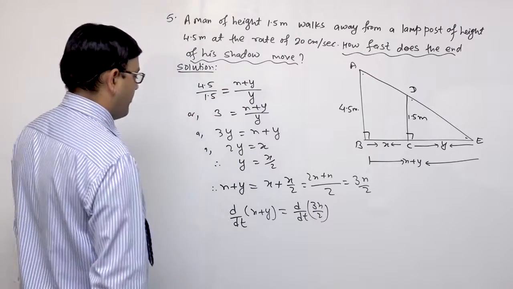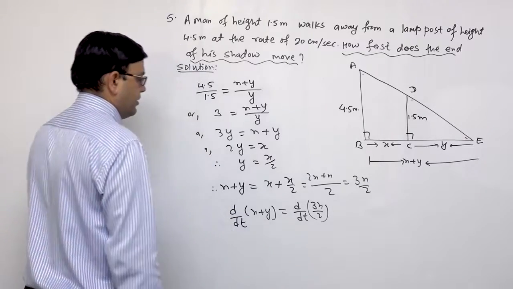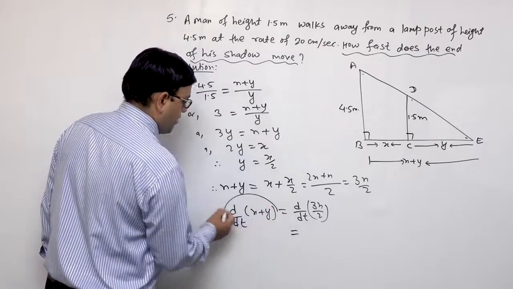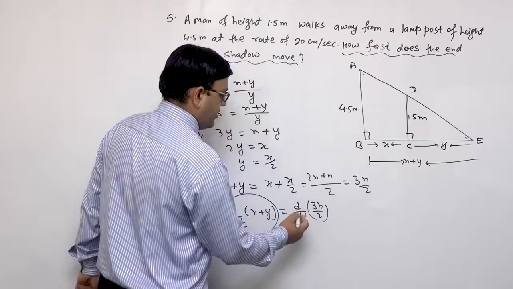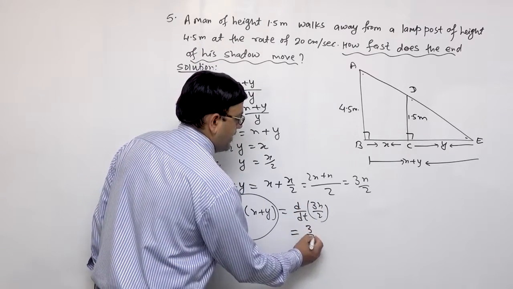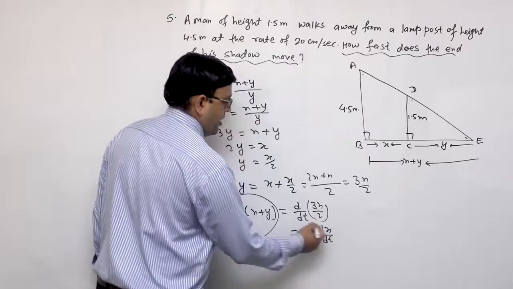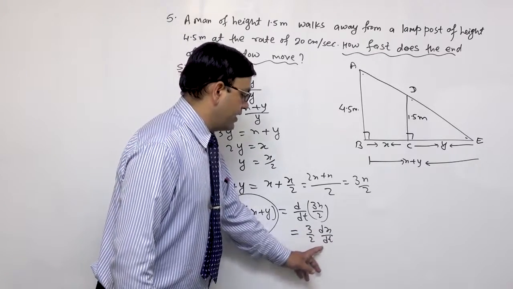So d by dt of 3x by 2 is 3 by 2 times dx by dt, where the constant term 3 by 2 comes out.